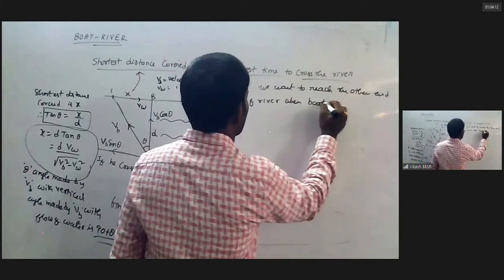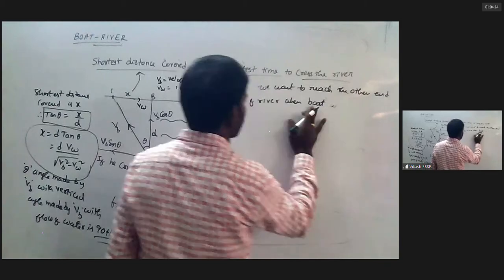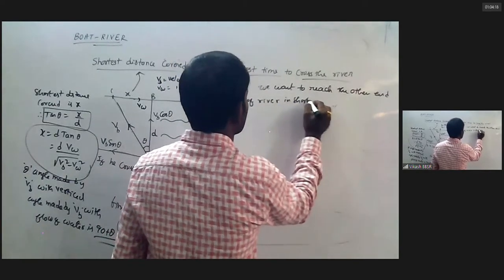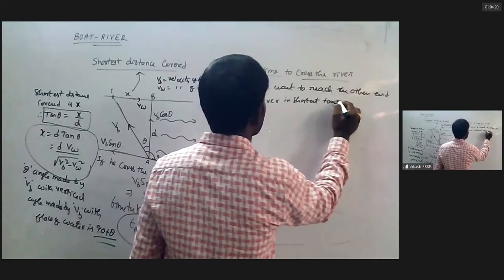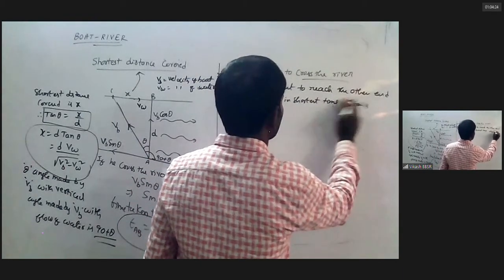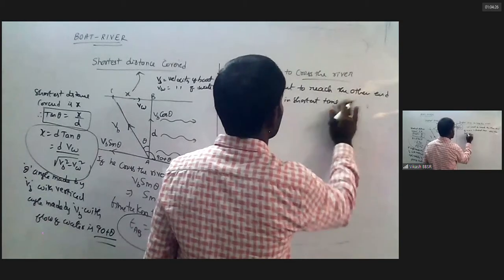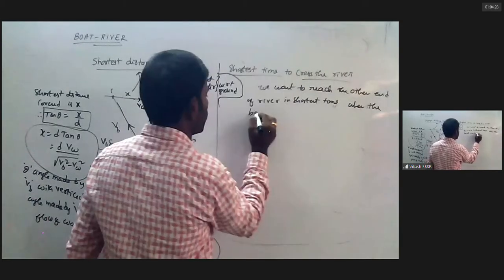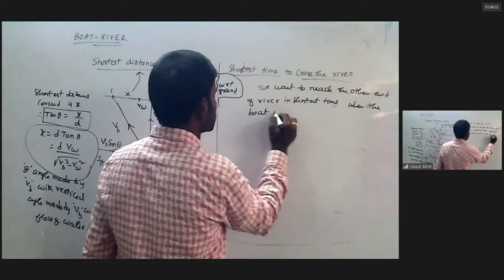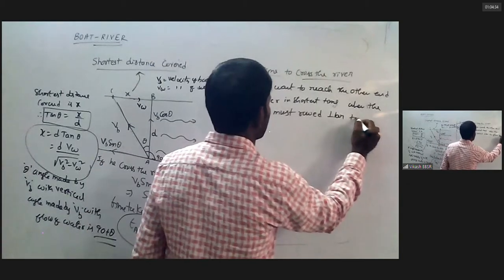Then the boat must reach the other end of the river in the shortest time. The boat must be rowed exactly perpendicular to the flow of water.